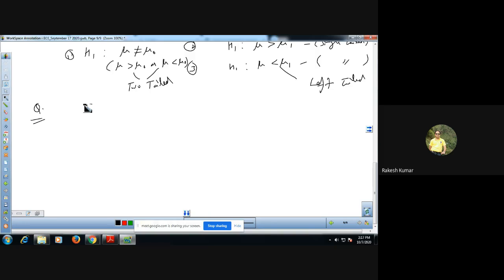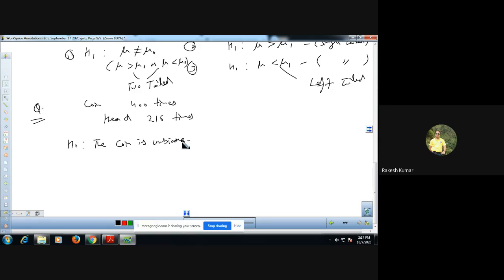The example is that a coin is tossed 400 times and heads comes 216 times out of 400. Now test the null hypothesis that the coin is unbiased. You always take the null hypothesis on the positive side, that the coin is unbiased.